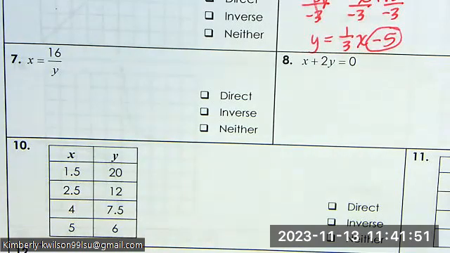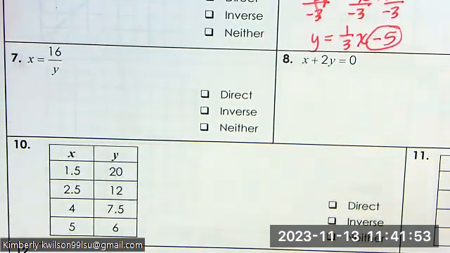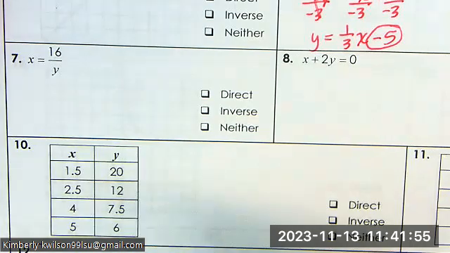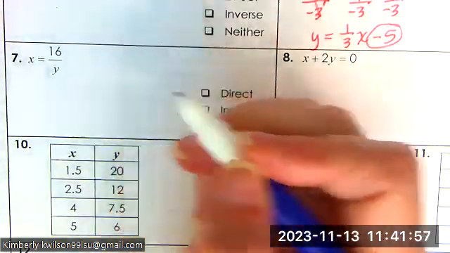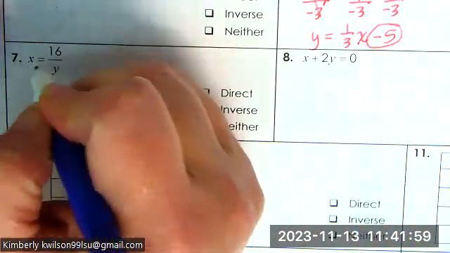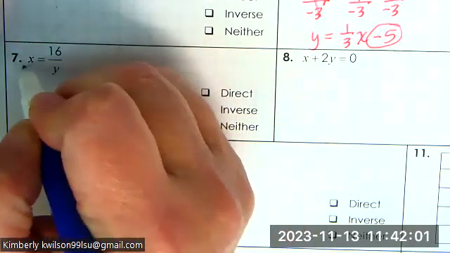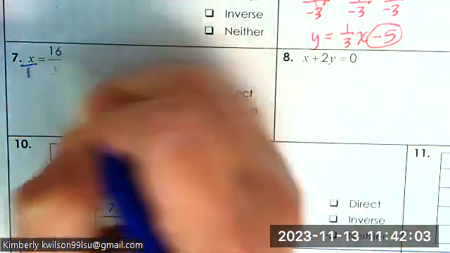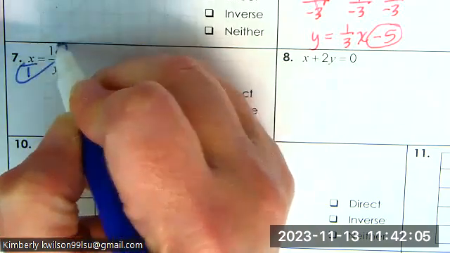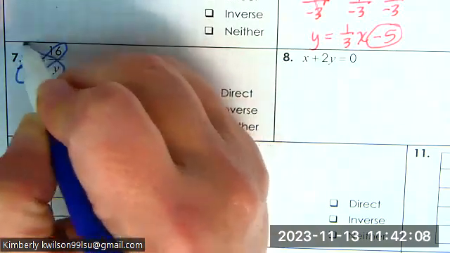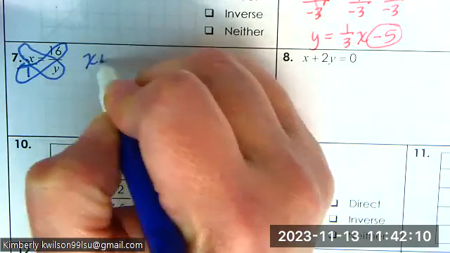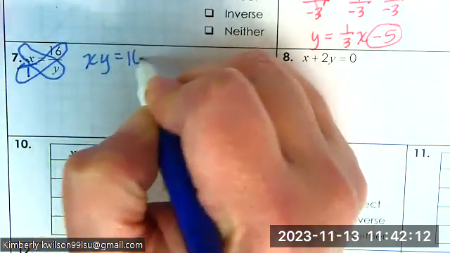Okay, number 7. Again, I've got to solve to get y by itself. It's on the bottom right now. I can't leave it like that. So I can think about this like a proportion, make this x into a fraction, so that then I can multiply diagonally, which will give me xy equals 16.